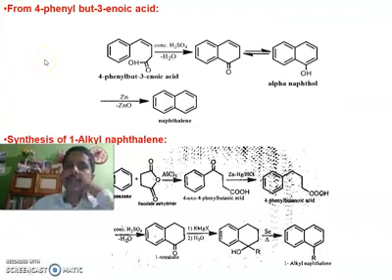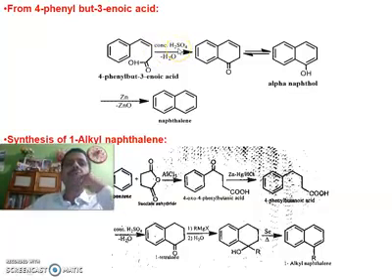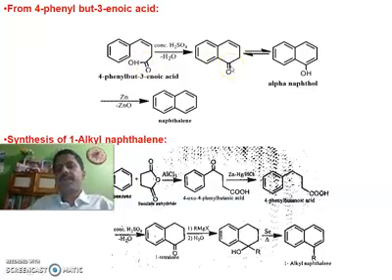Here you can see the second method is from 4-phenylbut-3-enoic acid. This is the structure of 4-phenylbut-3-enoic acid. If we do direct concentrated sulfuric acid condensation, as I have shown in the Haworth synthesis, this OH and the hydrogen present in this position will be removed as a water molecule, and this will be cyclized like this. Now this cyclic ketone, we can enolize.